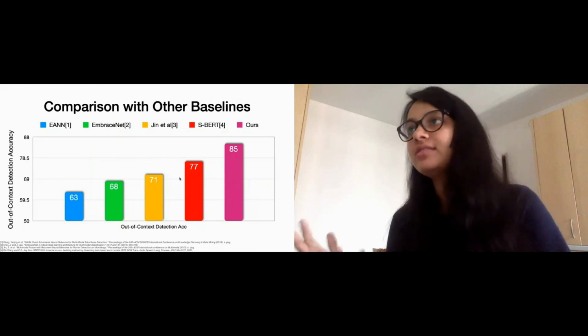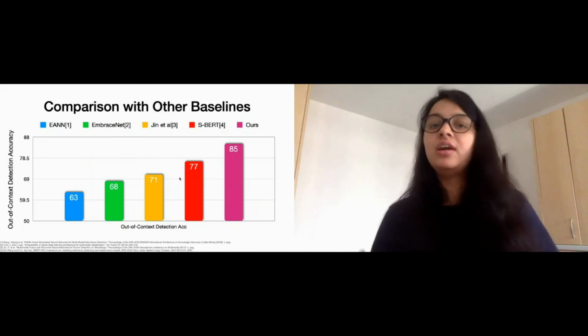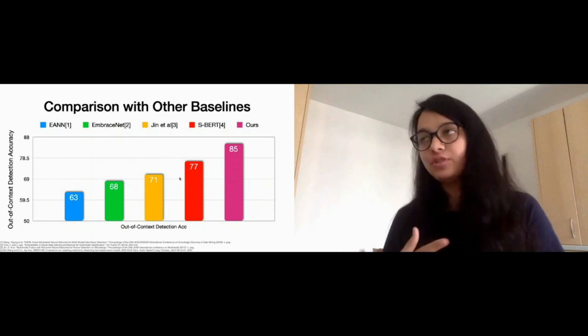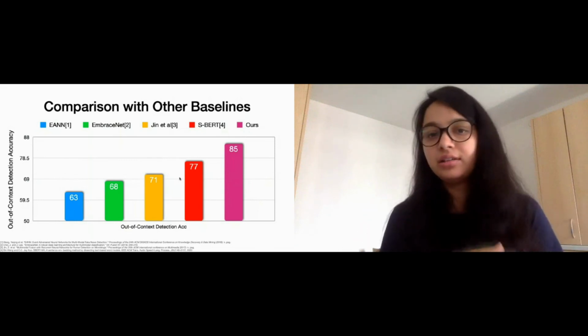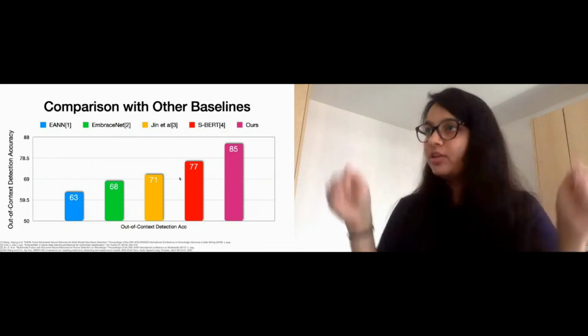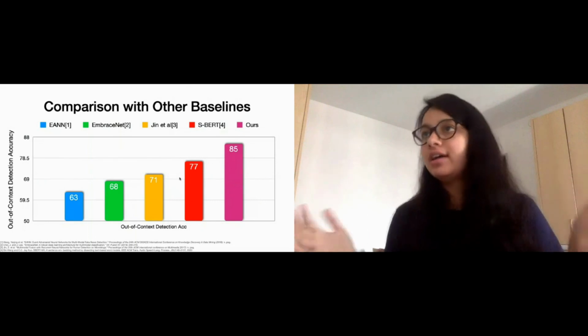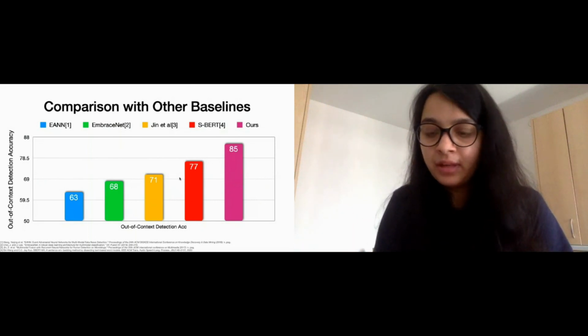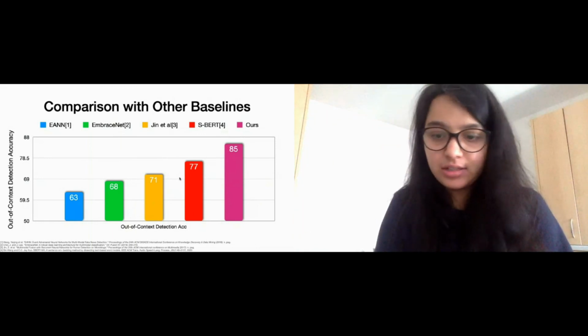What makes our method stand out is that we're dealing on the object level. We're trying to identify which object the caption is talking about, whereas the other methods treat the global context and look at the entire image in general. So I think that would be it from my side.